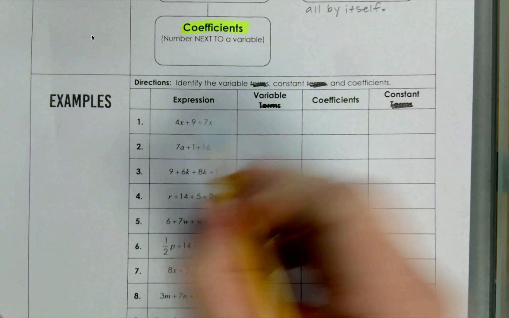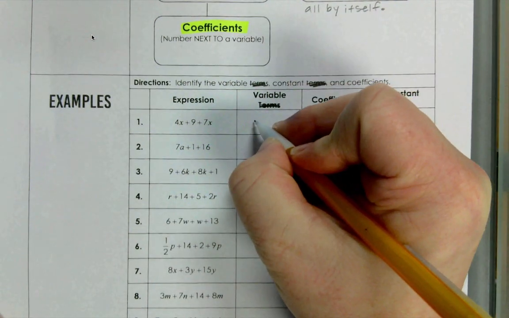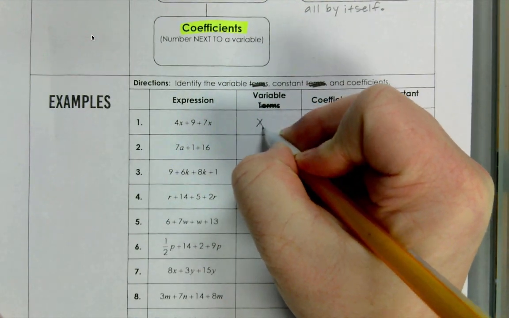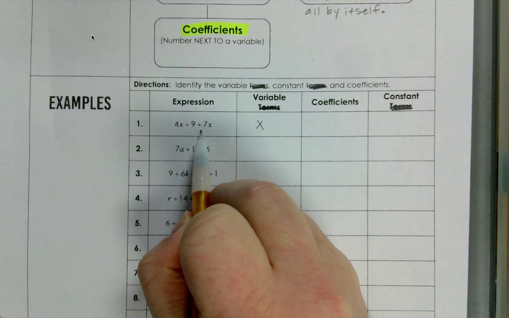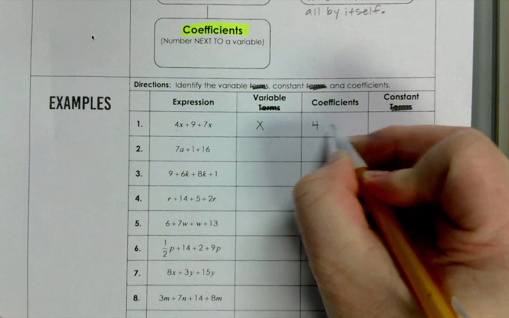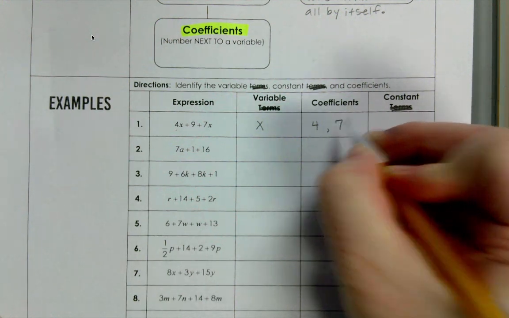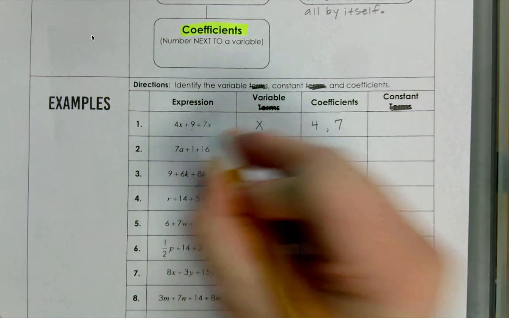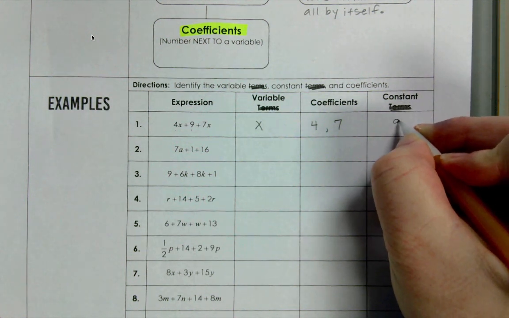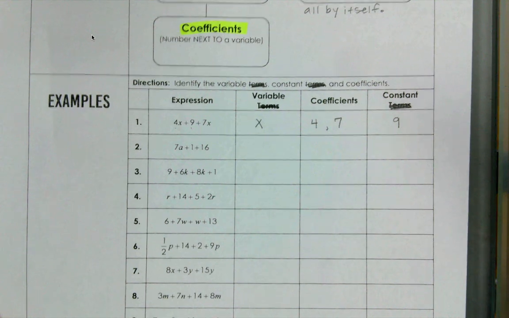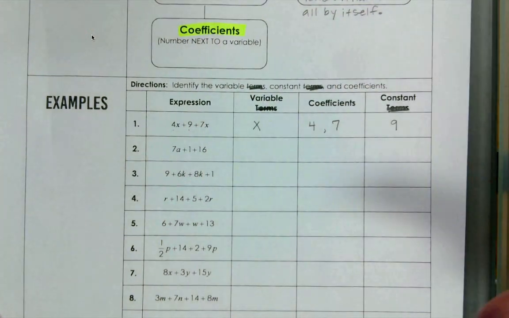Right here we have x. Okay, the coefficient is a number in front of a variable. We have 4 and we have 7, and the constant is a number all by itself, is the 9. Okay, so that's all we're going to be doing is identifying these parts.